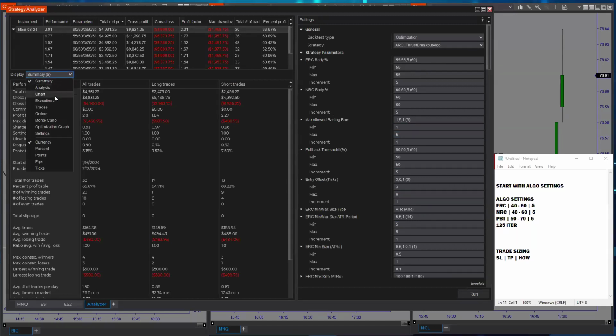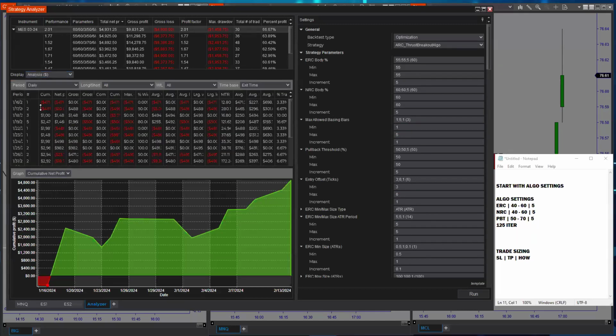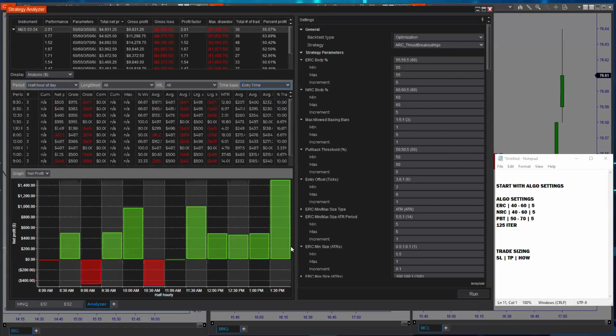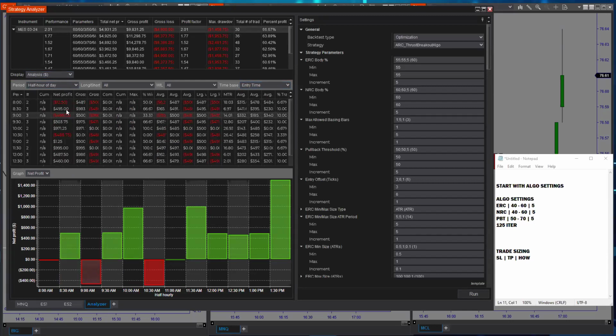Before we do that, let's go to our time frames and see what was working for us there. Let's go entry time. Yeah, so pre-market, not so hot. So we had nothing from 8 to 8:30, and these were a wash.